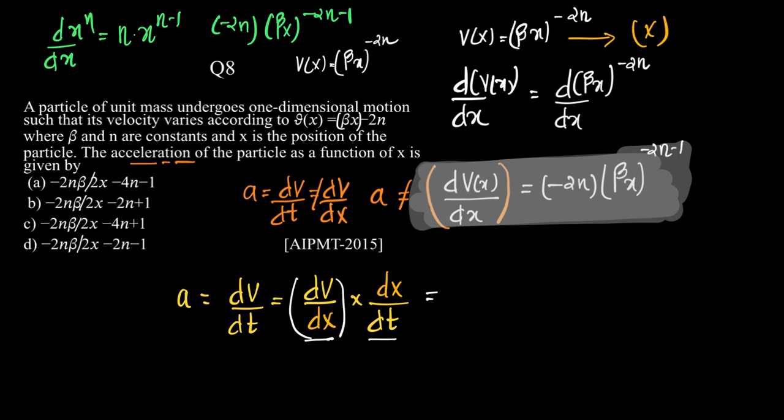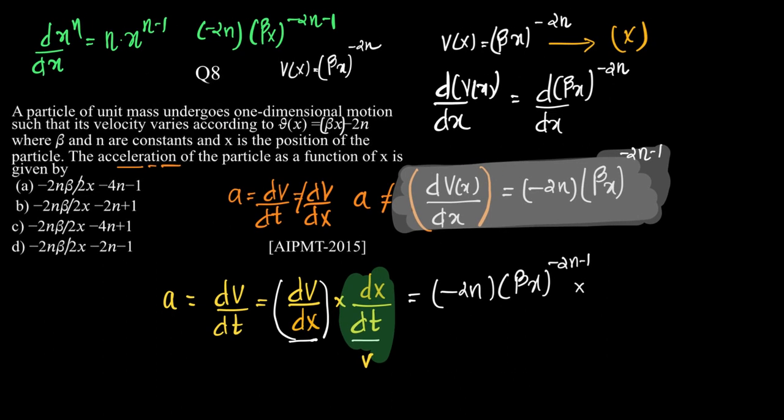But what is interesting is to know what dx by dt is. dx by dt is nothing but velocity. So this becomes minus 2n into (beta x) to the power minus 2n minus 1, into what is velocity? Velocity is v of x as given in the question, which is (beta x) to the power minus 2n.